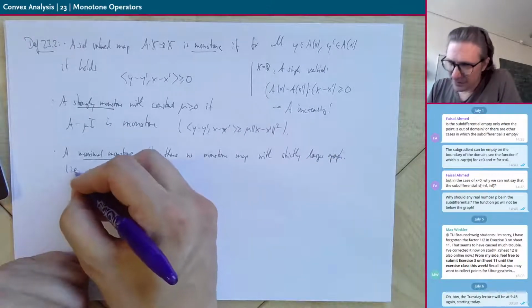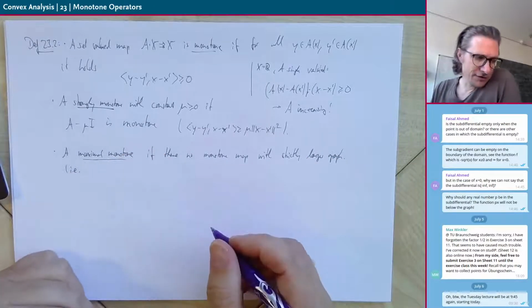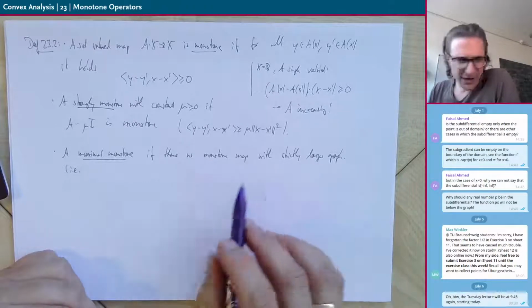Maybe I should expand it a little bit because this notion is important. You could also say there's no monotone map with strictly larger graph.